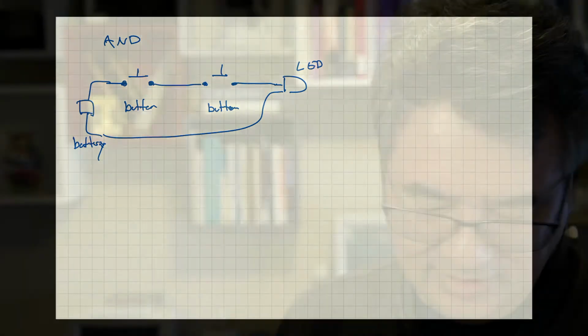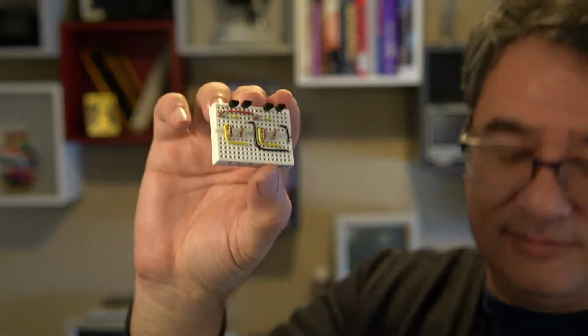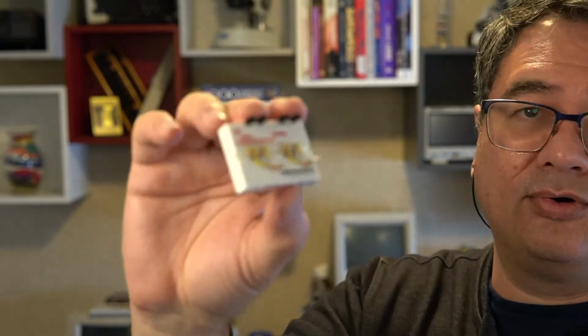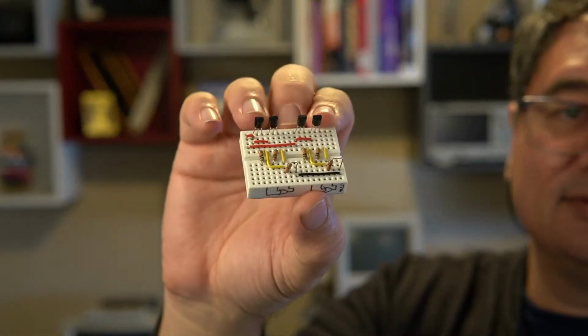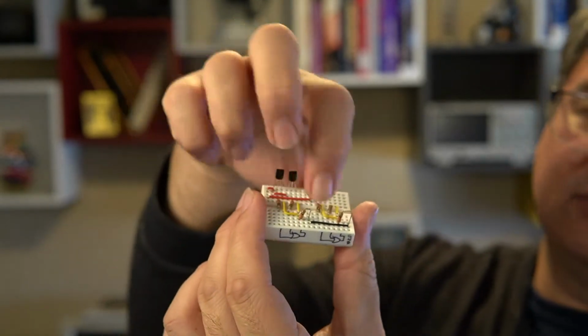Cool. And so I have also this one here. This one's NAND. See, it looks very similar to the AND. Uh-huh. And then this one here is OR. Same idea, 2 transistors, and then just resistors in different spots.